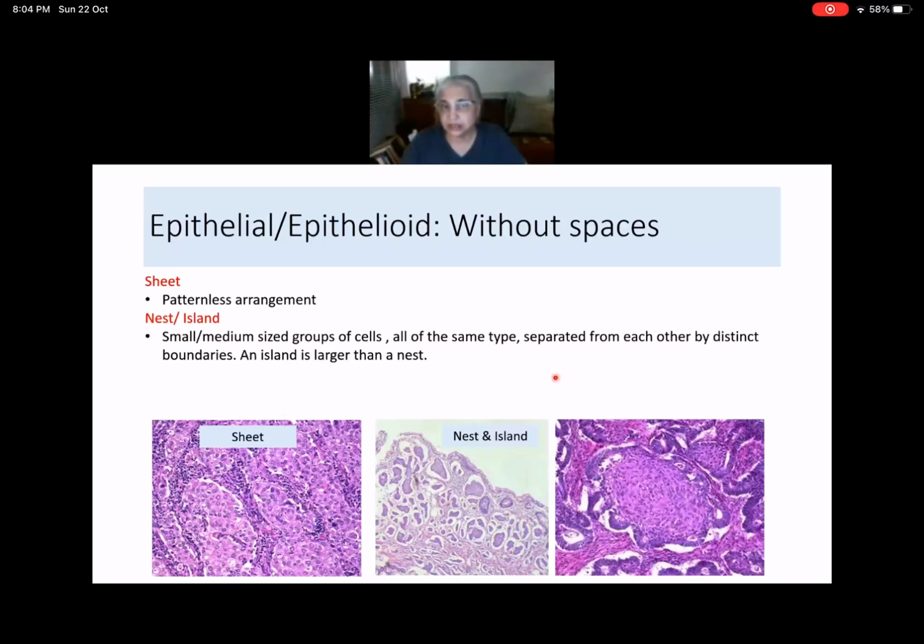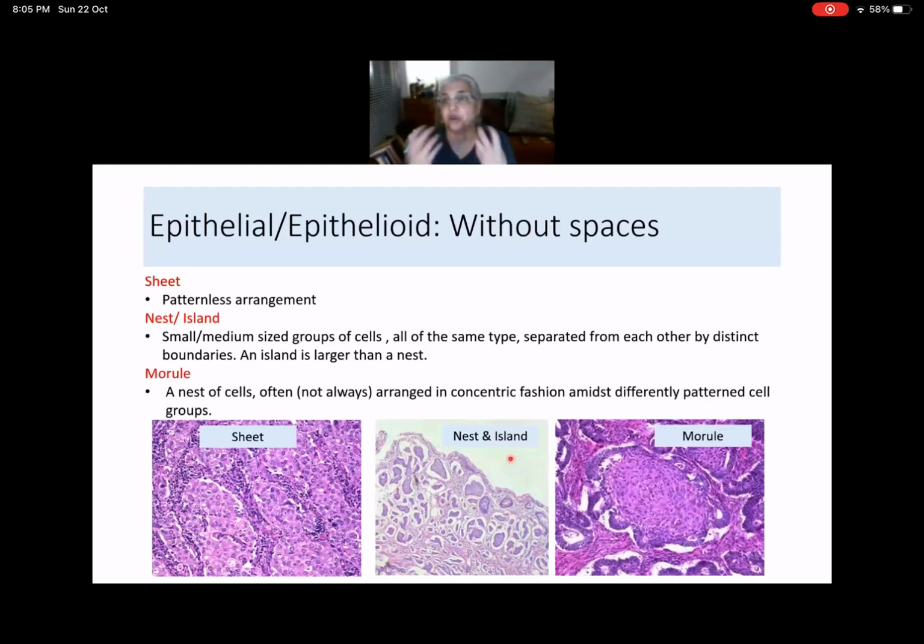Small or medium-sized groups of cells, all of the same type, separated from each other by distinct boundaries. You can see that. And as Dr. Dasgupta told you, it looks like a bird's nest. We are seeing something in 2 dimensions, and we have to build a 3-dimensional structure. An island is nothing but a larger nest.